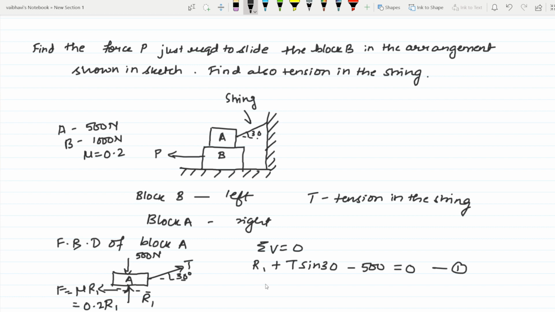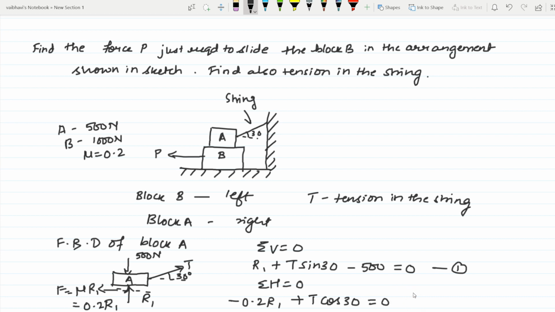Next, resolving the forces horizontally, sigma H equal to 0: minus 0.2 R1 plus T cos 30 equal to 0.